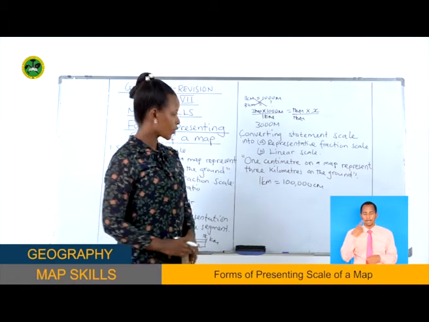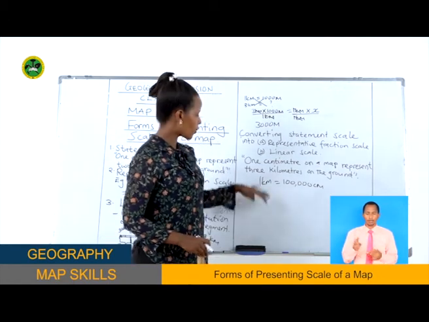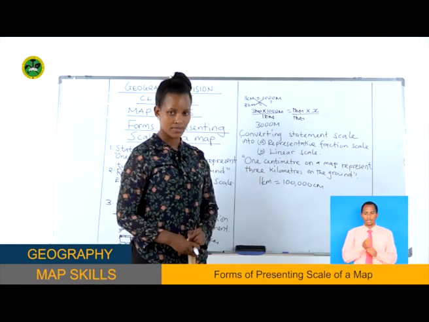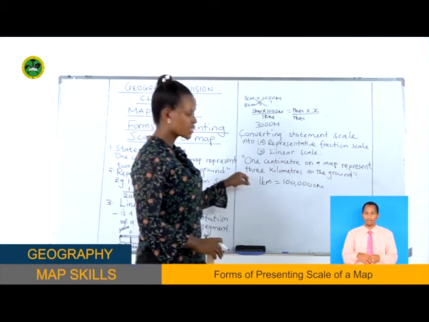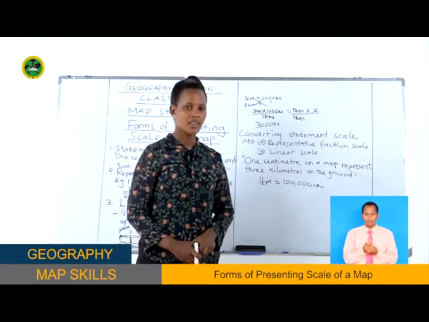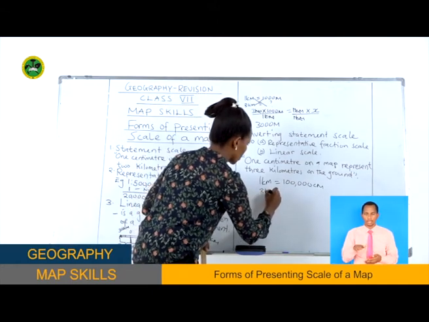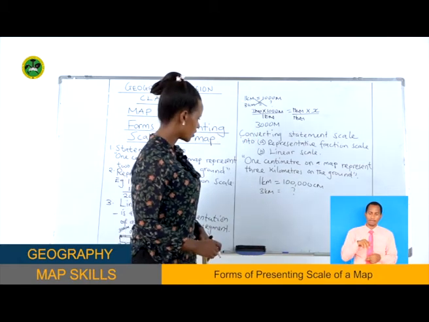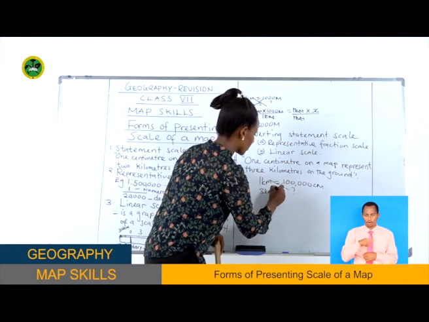So if 1 kilometer is equal to 100,000 centimeters, how about 3 kilometers, how many centimeters will it represent? You can try with me. So 3 kilometers should be on the side of kilometers. So 3 kilometers will be how many centimeters? You see, it is the easiest way. Here you cross multiply.